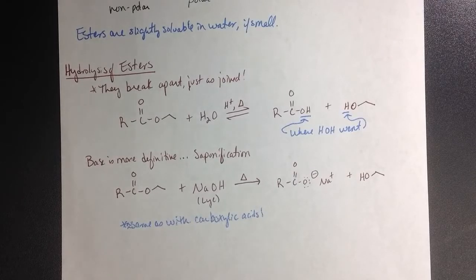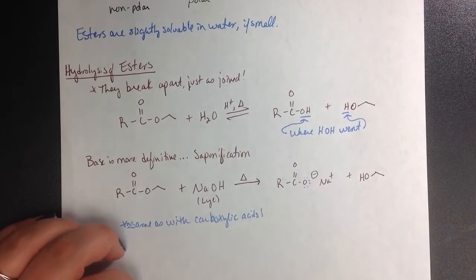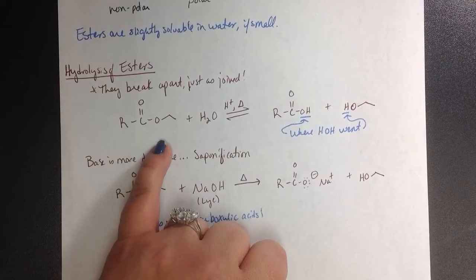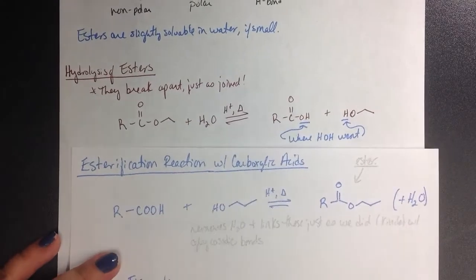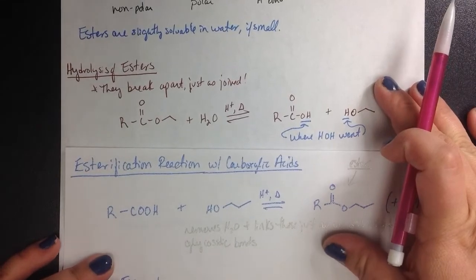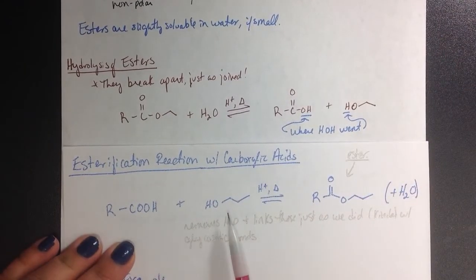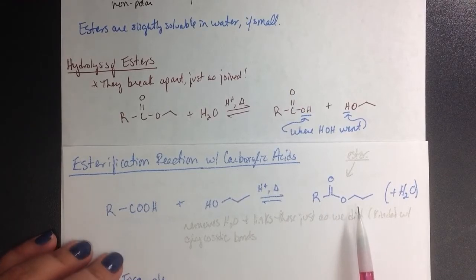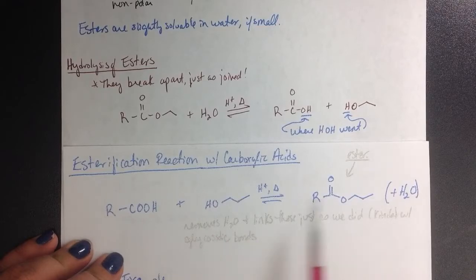However, remember, this is an equilibrium reaction. See how this is the exact same thing as what we just looked at a little bit ago? So I'm going to put that underneath. It's just backwards. So we said to start with a carboxylic acid and we added an alcohol, you'd end up with an ester and water. Remember, that's an equilibrium. So the opposite is true also.